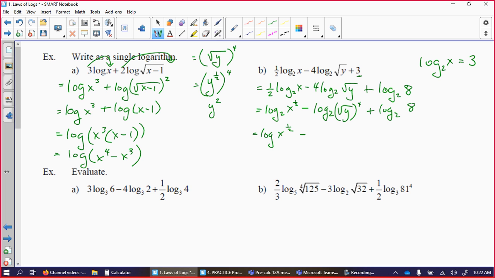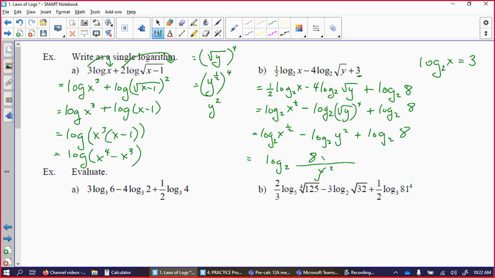X to the half minus, this is log base 2 of y squared, log base 2 of 8. Can I write that as a radical? Sure, but I've got a subtraction, log base 2, the subtract part, y squared.